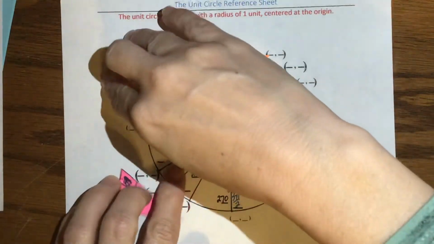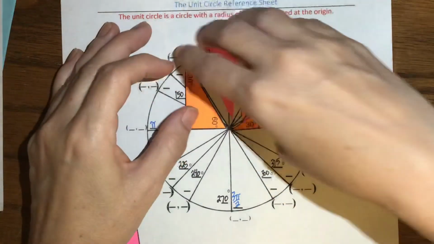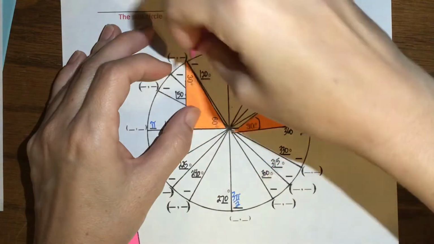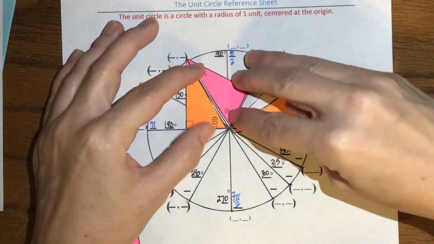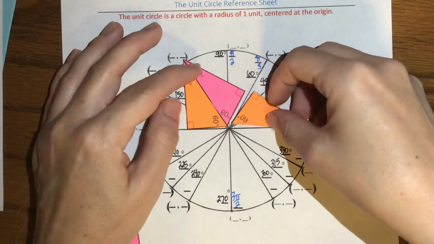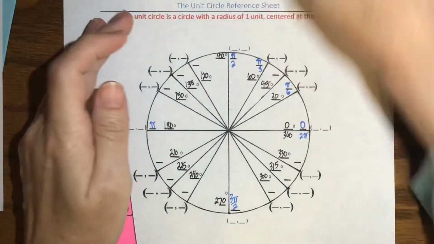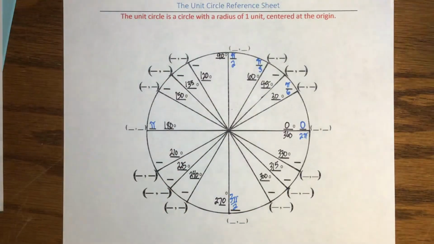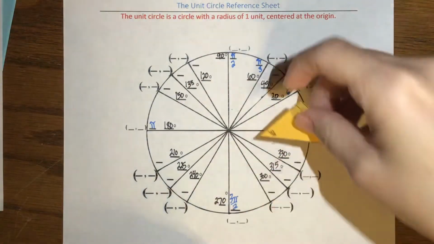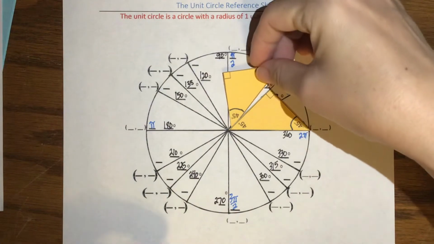Now if I use the 60-degree side, that's only going to cut it into 3s. See? 1, 2, 3. Okay? Now if I use the 45, I don't have 2 different colors for these because I didn't need it.